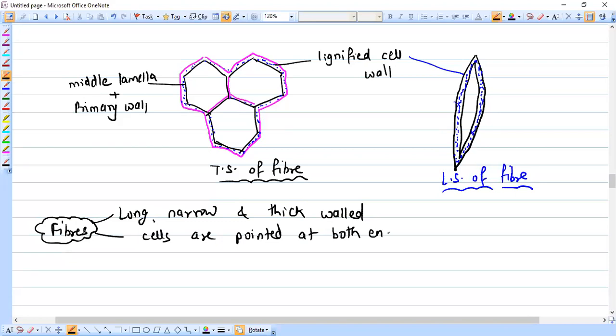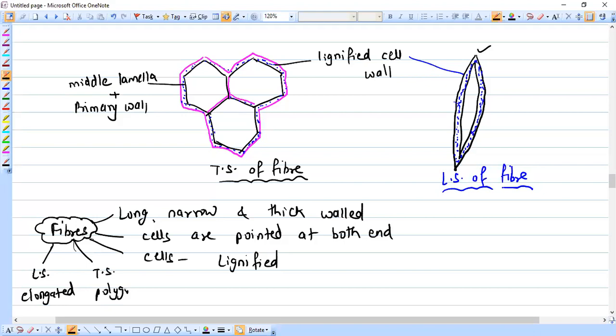Look at this, this is the tapering or pointed at both ends. The cells are lignified. Since there is lignin deposition, it is a dead cell. Under LS the cells appear elongated. In TS, the transverse section, it appears polygonal. So this becomes the fiber.